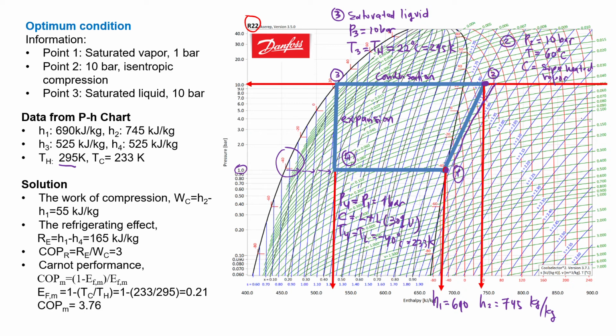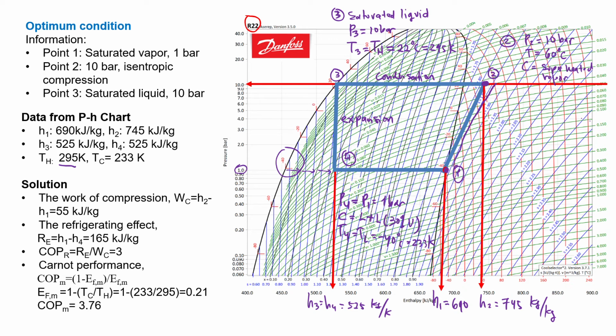And then we have H3 equal to H4, in between 500 and 550, very close to the middle, so it's 525 kilojoule per kilogram. And then we address, as normal, the work of compression.